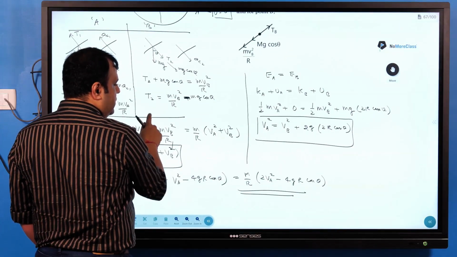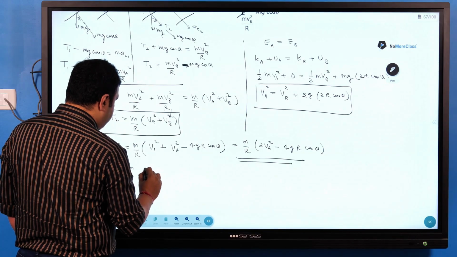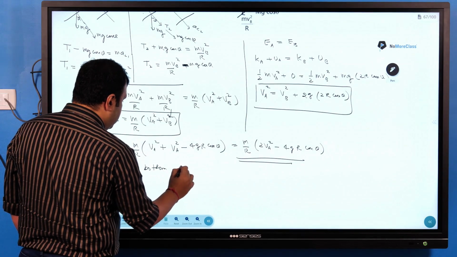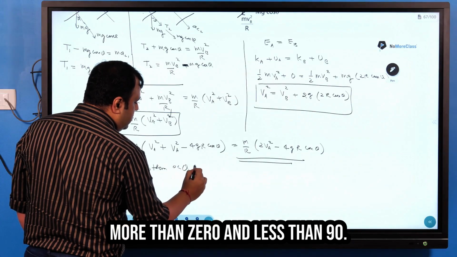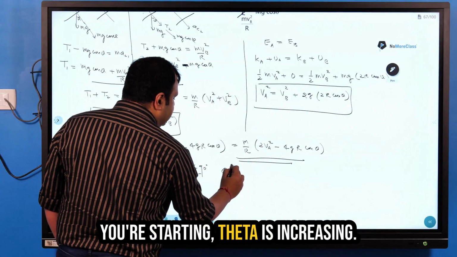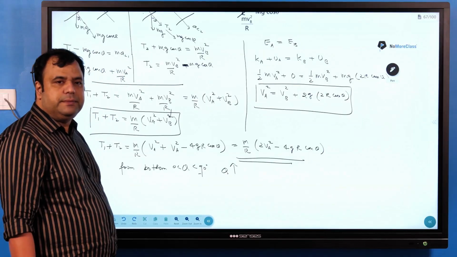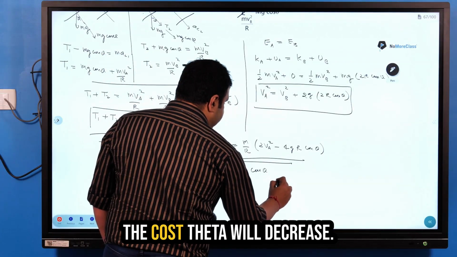So from the bottom, theta variation is more than 0 and less than 90. Or you can say that from the bottom, theta is increasing. If theta is increasing, cos theta will decrease.